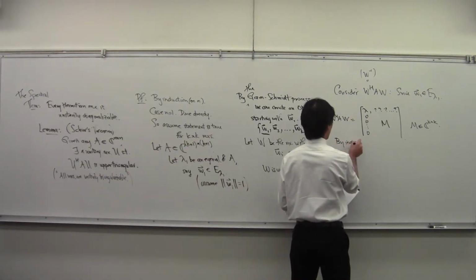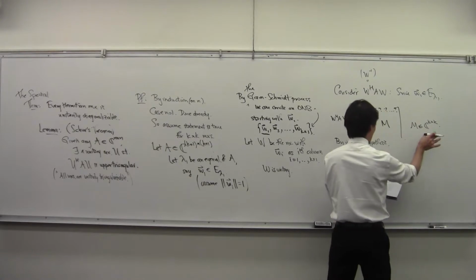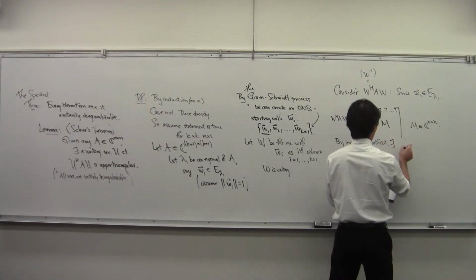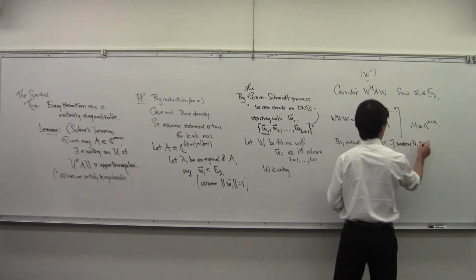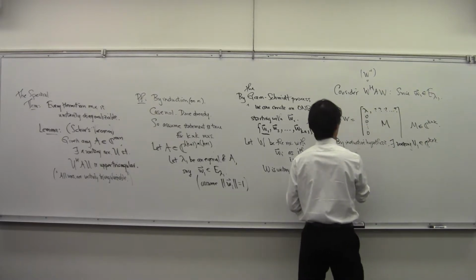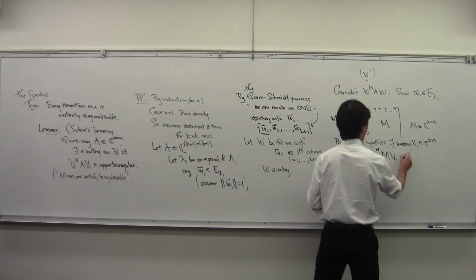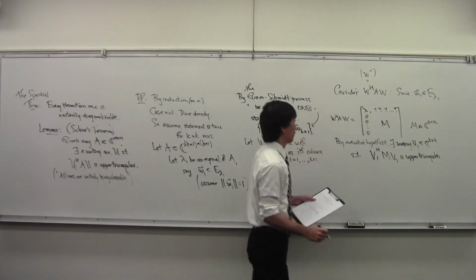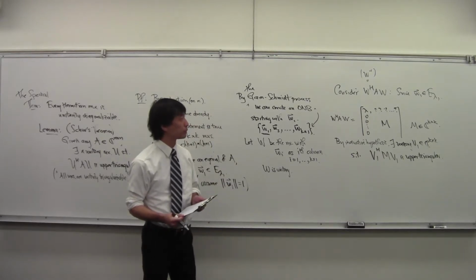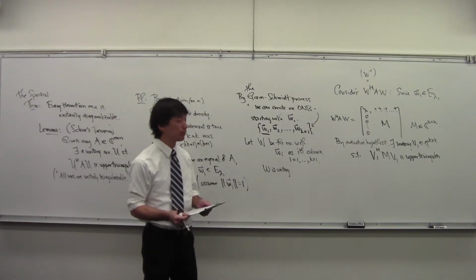By the inductive hypothesis, we know the statement for k by k matrices, so there exists a unitary V1, that's a k by k matrix, such that V1^H M V1 is upper triangular.